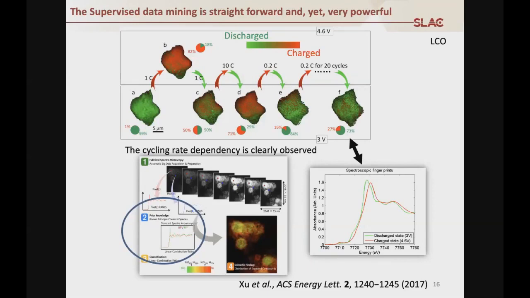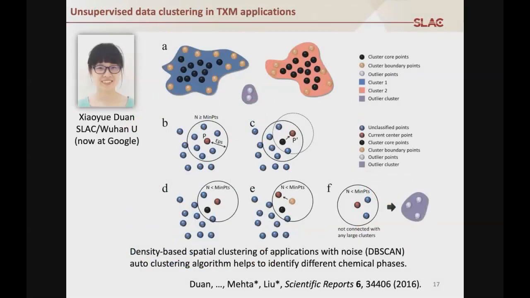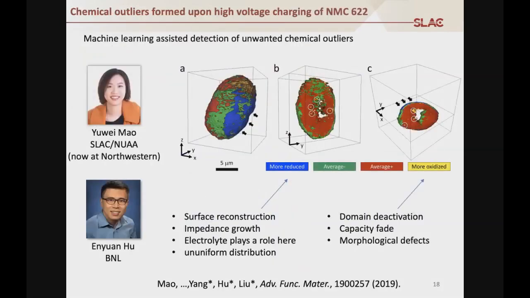And in those cases, we have to look into the advanced computational developments to use advanced algorithms to perform the unsupervised classification of the data points. Now, in this particular case, we studied this NMC material.